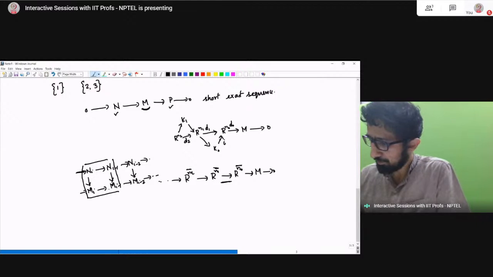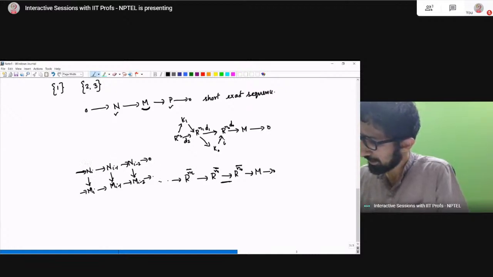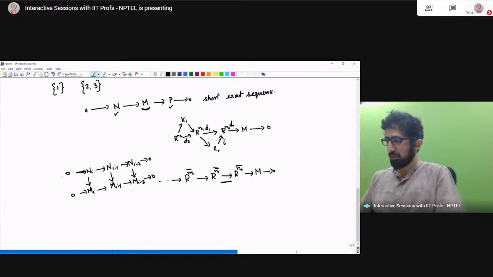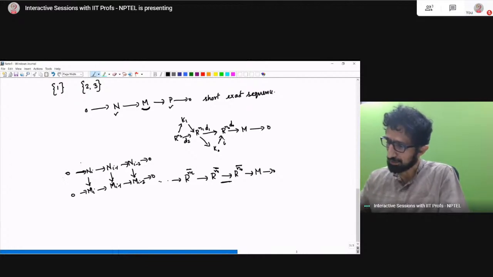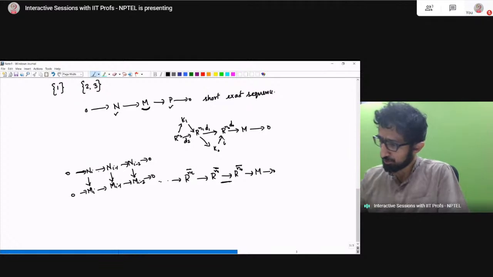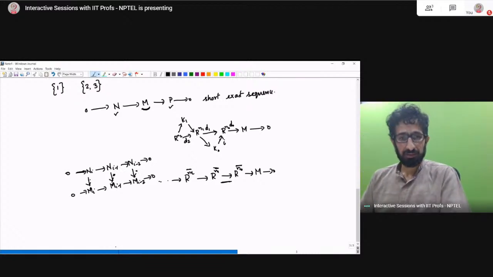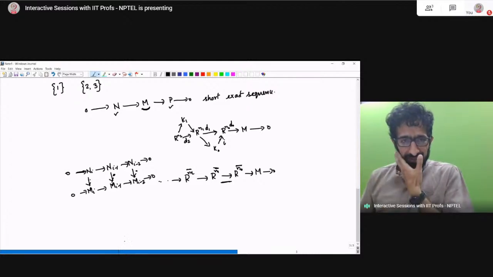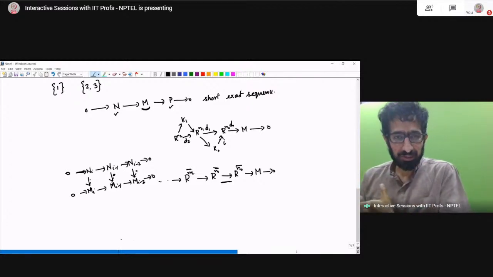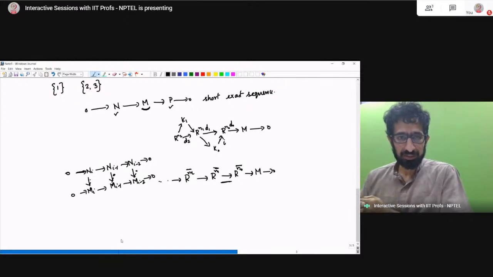For example, if you have it like this, with 0 here and 0 here, this is the application of the 5 lemma, in fact. One can say that if these two maps are isomorphisms, then this is an isomorphism. So there are a lot of properties that one can derive using short exact sequences and commutative diagrams of exact sequences.